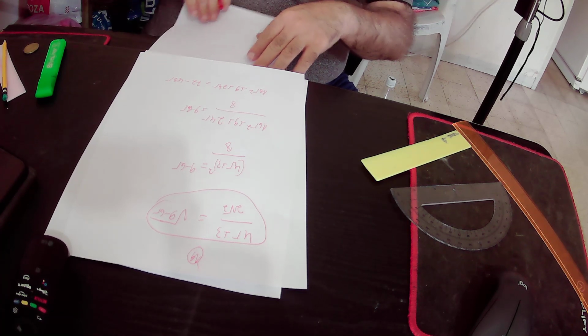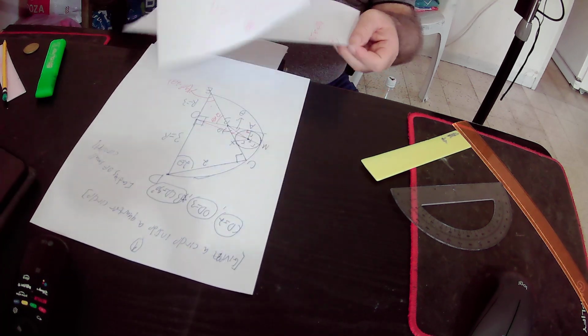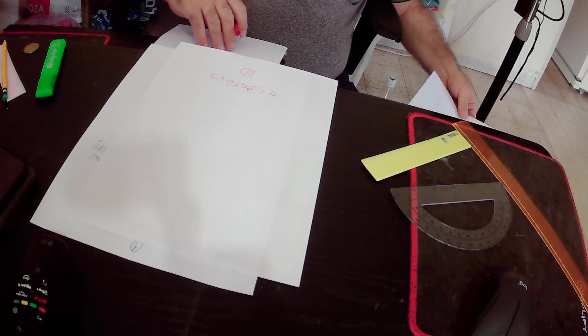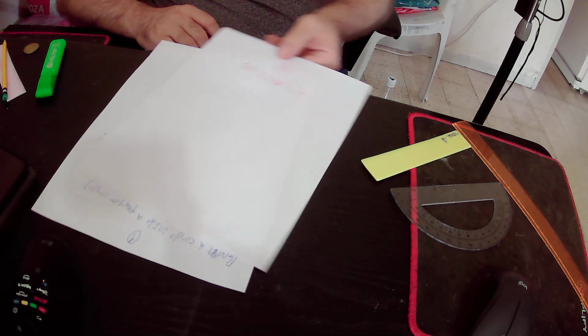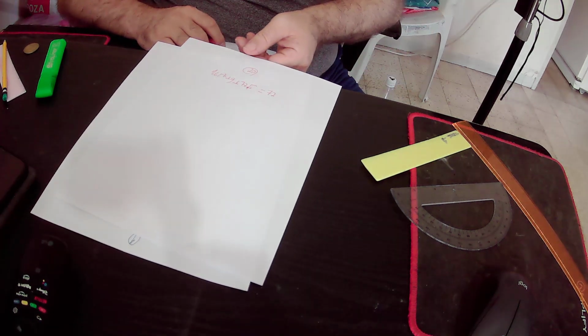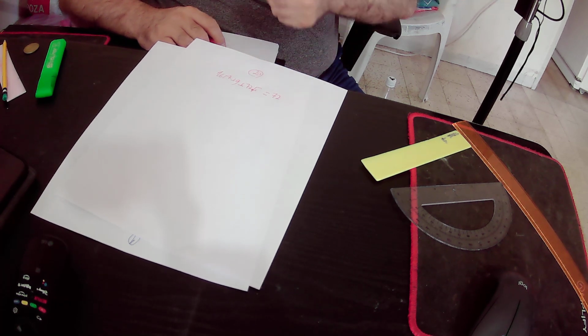So in total we got that 16r squared plus 9 plus 72r equals to 72.